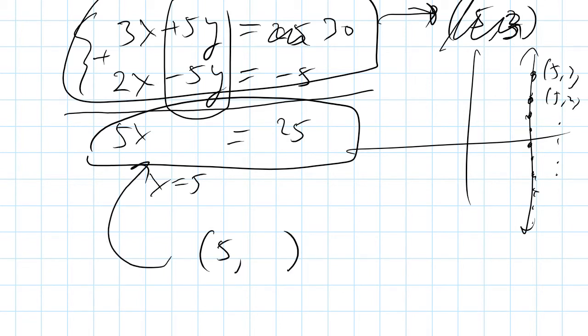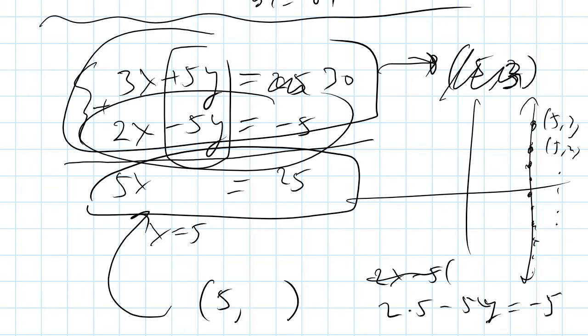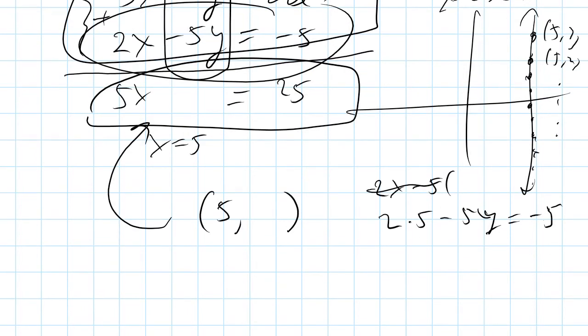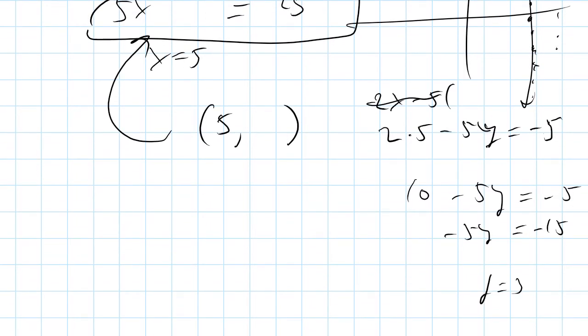Now, this bottom equation isn't so useful anymore, but once we know that the x-coordinate is 5, we can come back to either of these other equations and say 2 times 5 minus 5y equals negative 5. 10 minus 5y equals negative 5, minus 5y equals negative 15, and y equals 3.